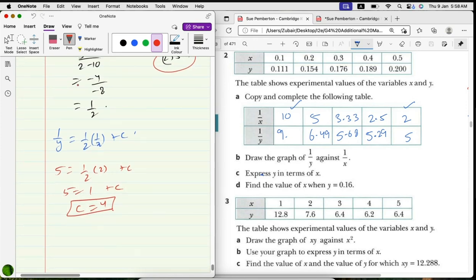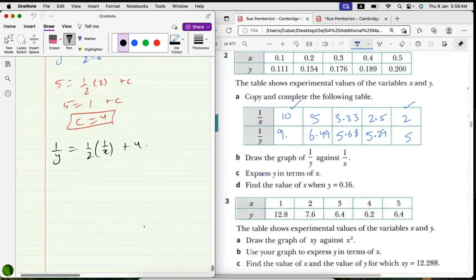Rewriting the equation using gradient and y-intercept, 1 over y is equal to 1 by 2 times 1 over x plus 4. Now I'm rearranging this. 1 over y is equal to 1 over 2x plus 4. Taking the LCM on the right hand side is 1 plus 8x over 2x, so y is equal to 2x over 1 plus 8x.